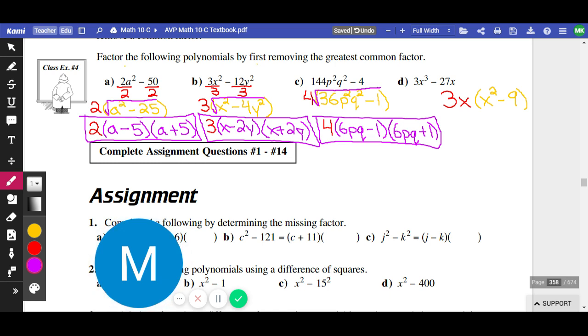The very last one, again, I took out a 3x, so I GCF that out. After I do that, I look at what's left over and I square root it because it was a difference of squares. The 3x remains out front, so 3x. And then I get x minus 3, x plus 3.